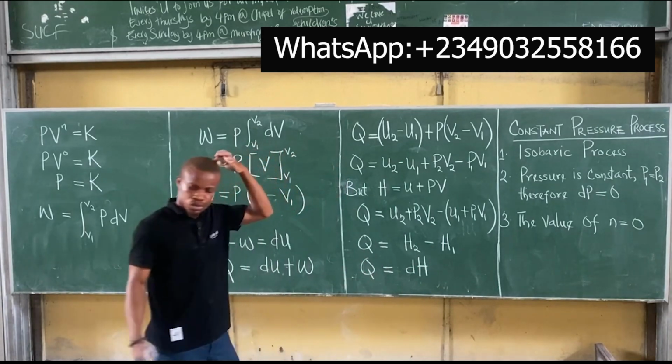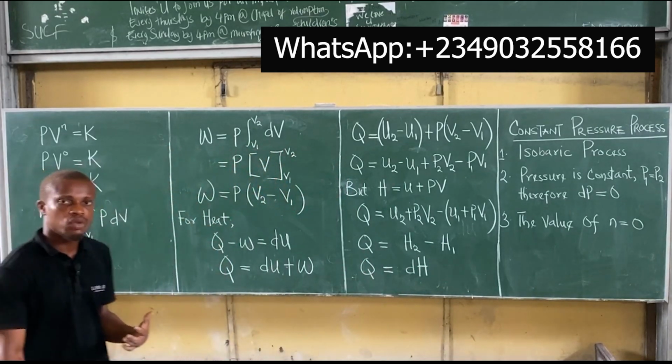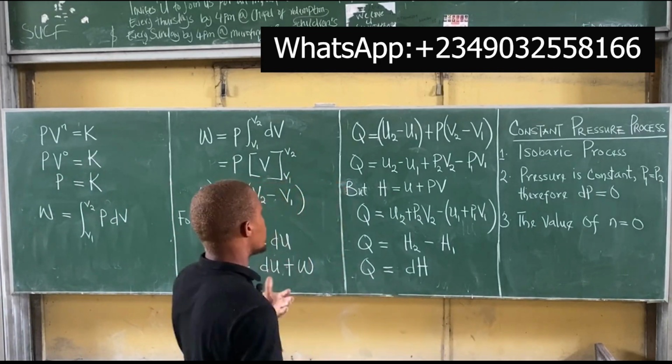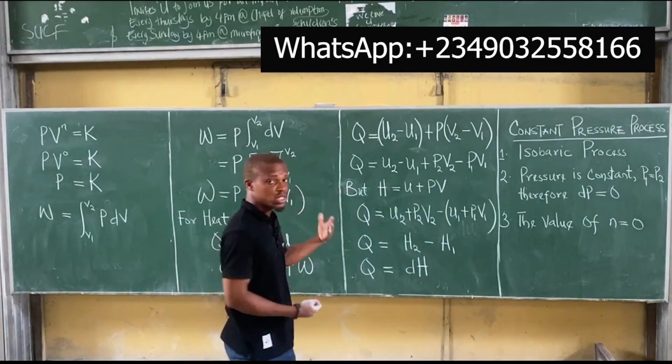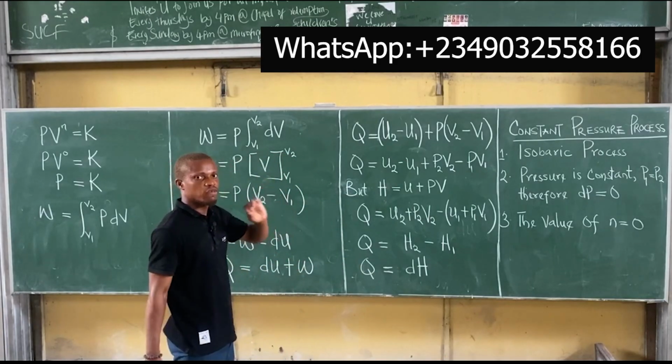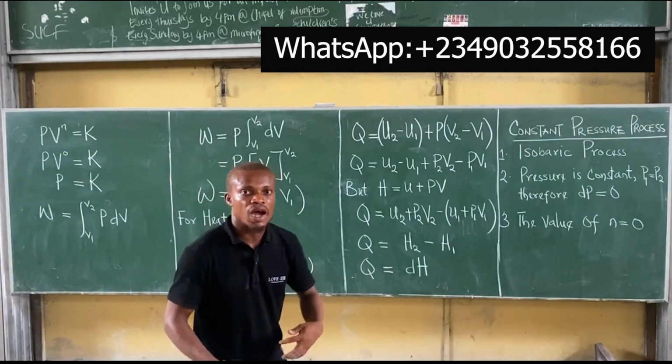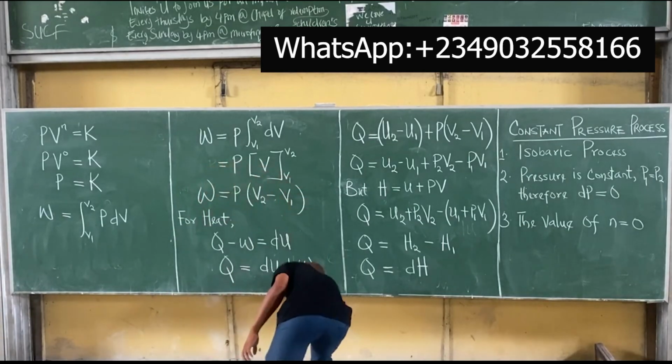Also, one thing you should always remember is that we've been dealing with total property. What if it was given in specific property terms? Then we have to multiply them by mass, by m. This is what I mean.